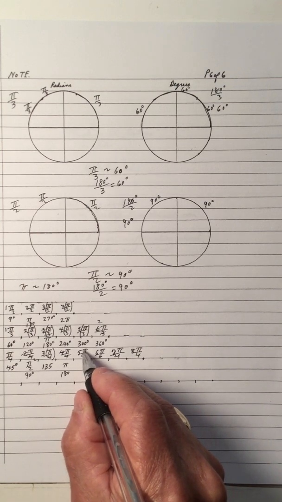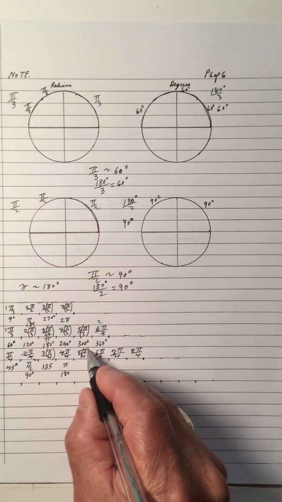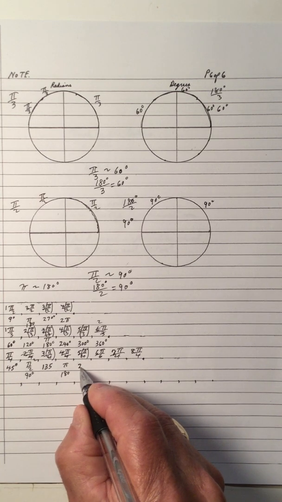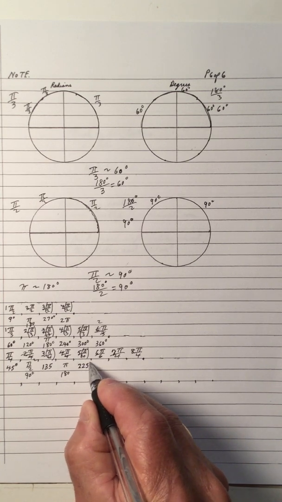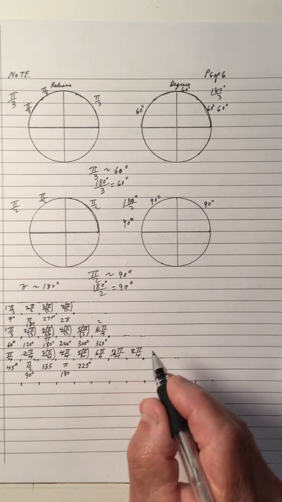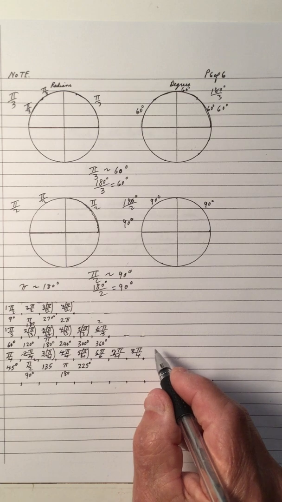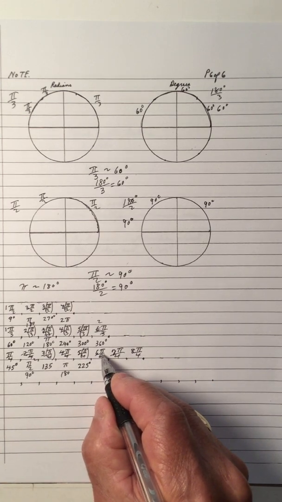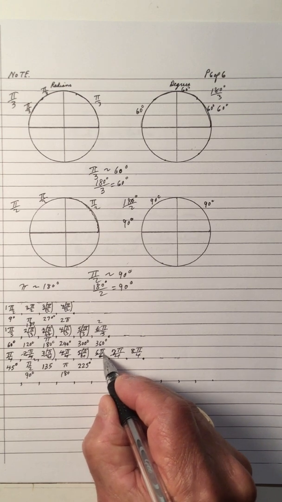5 pi over 4 can't reduce. So that's a 45. Pi over 4 is 45. 5 45s is 225. And we have 6 pi over 4. That's over 4 now.